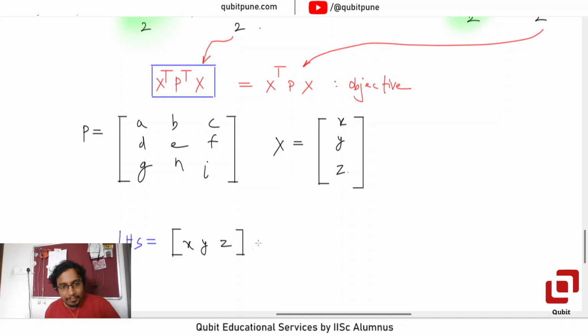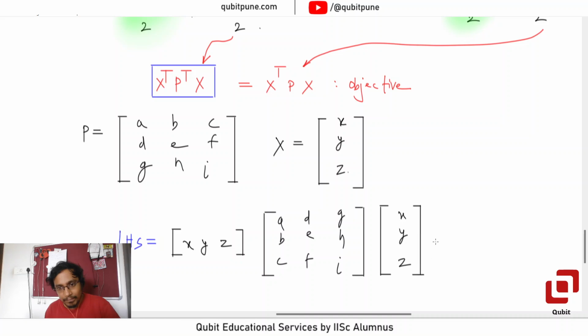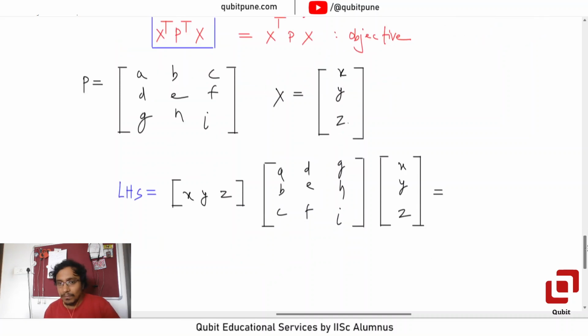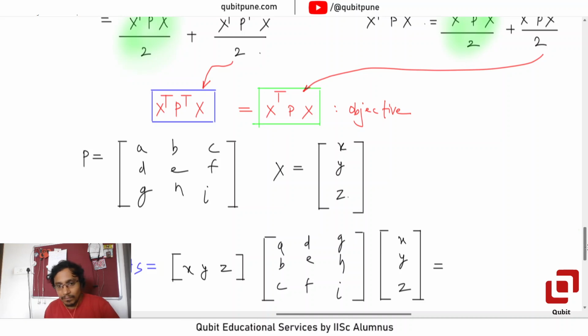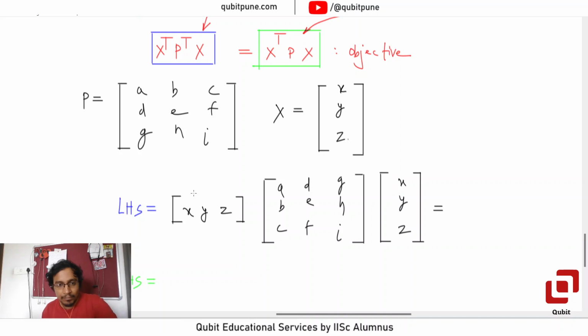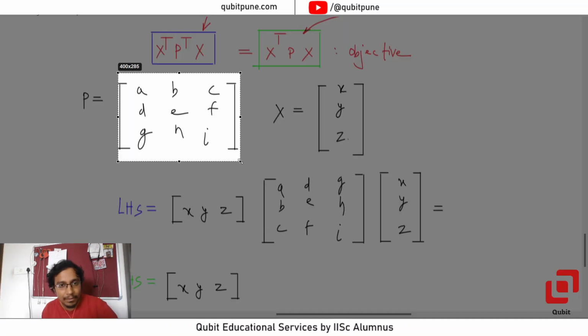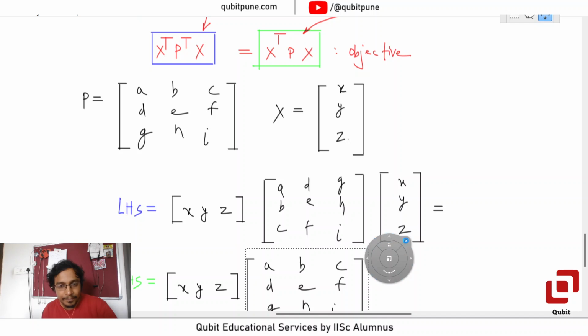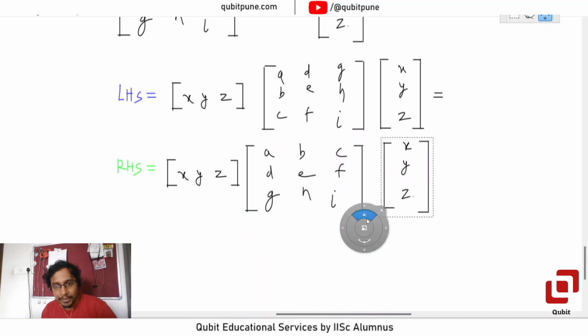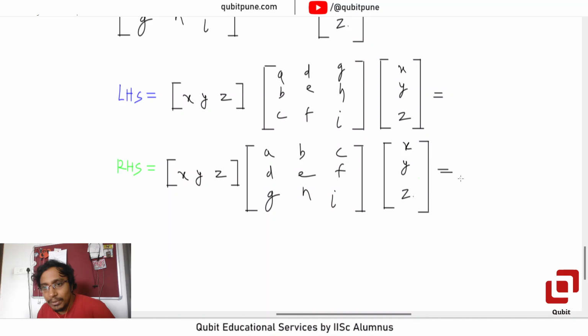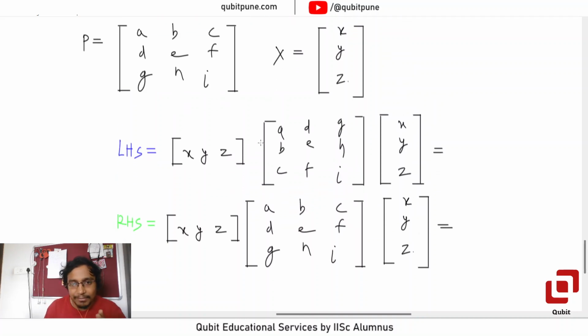X, Y, Z, A, B, C, D, E, F, G, H, I, X, Y, Z. X transposed P X Y Z. Okay, can you do it? It will come, because this is just simple matrix multiplication. Both will be equal. Did you do it? Okay.